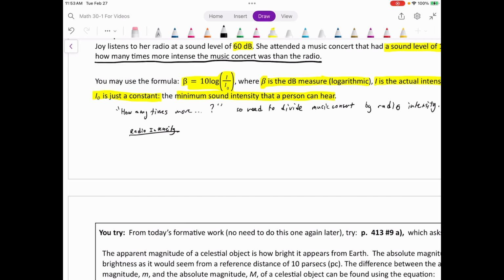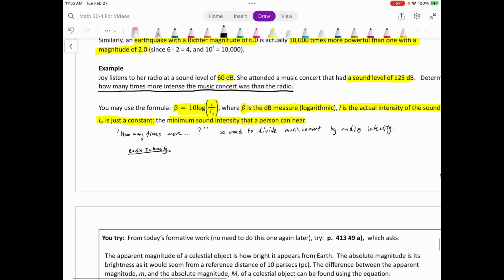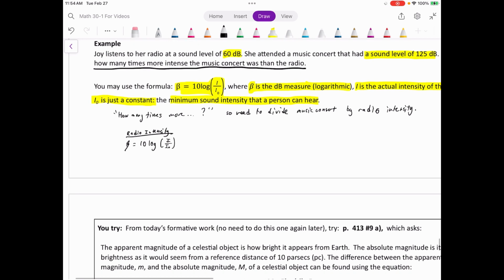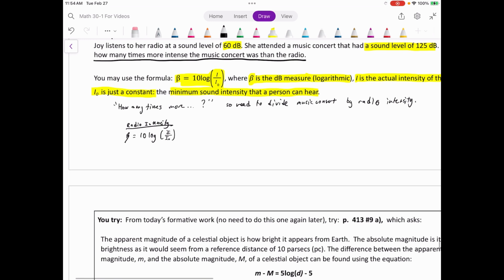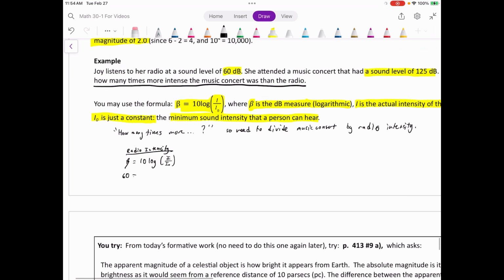So for the radio, we were told it has 60 decibels. That's its decibel measurement. So 60, just plugging into this formula here. The decibel rating will be 10 times log of I over I naught, which we don't know what that is yet. But that means that for the radio, 60 equals 10 times the log of, I'm just going to use an R to represent radio, whatever the radio's intensity is over I naught.